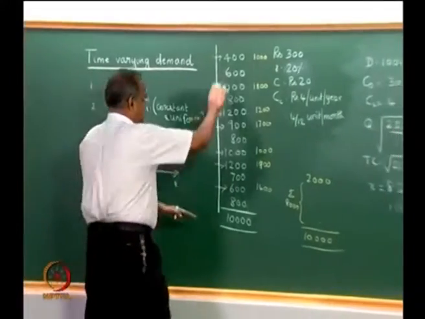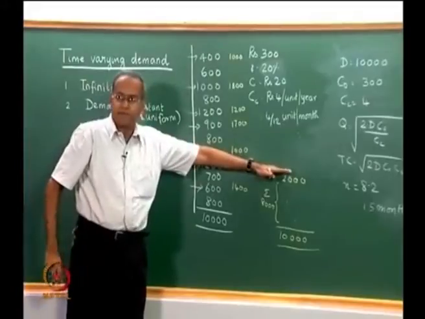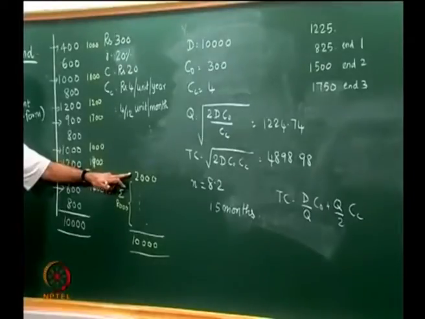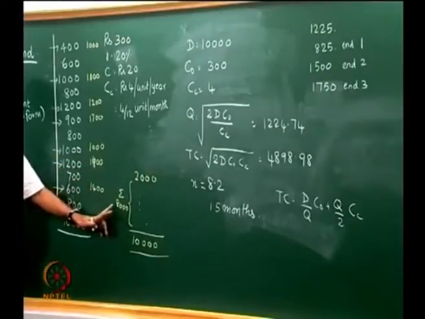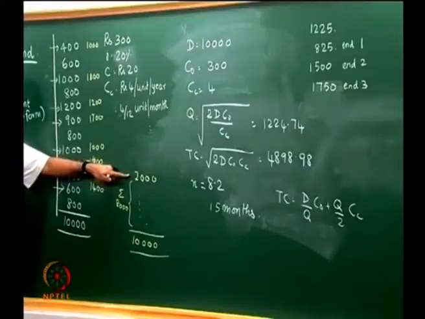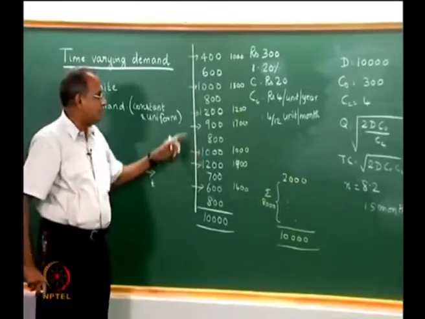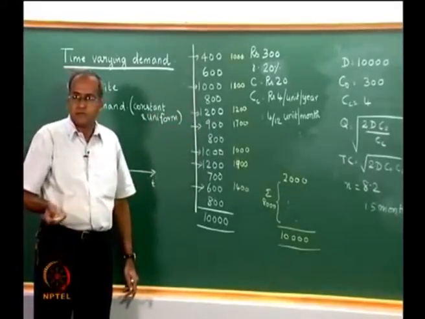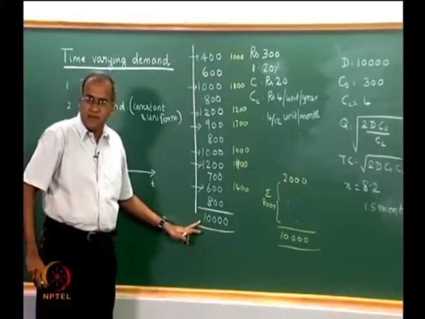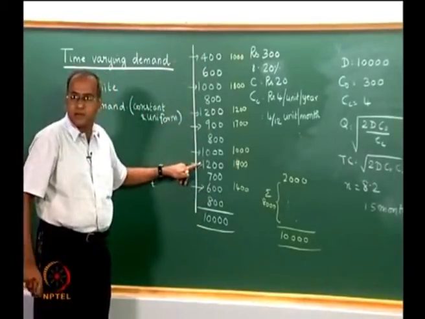In an example like this, you have a real peak: 1 month taking a demand of 2000 while the other 11 months have a demand of 8000 clearly shows there is a peak here. Whereas if we look at these numbers, you see that they are reasonably spread out around the average value of 833, even though you have a 1200 somewhere here.